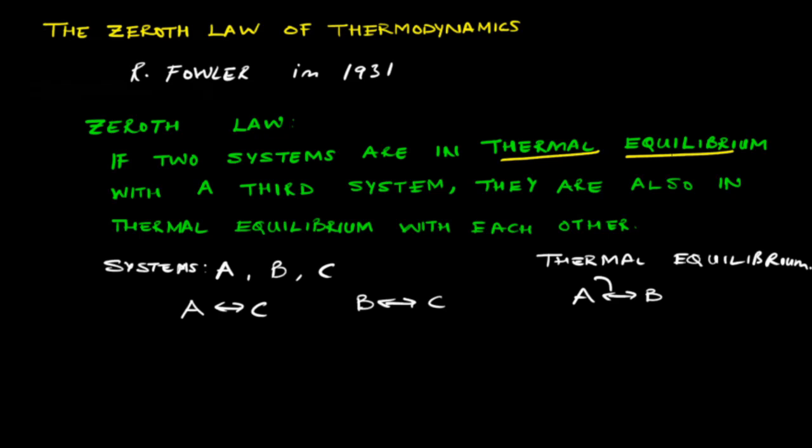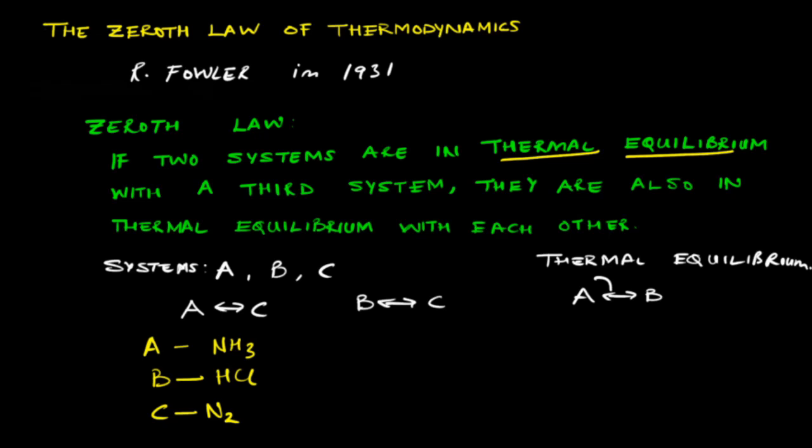For example, if you consider chemical equilibrium, and let's say you have systems A, B, and C. Let's say A is composed of ammonia, B is composed of hydrogen chloride, HCl, and C is composed of nitrogen. Then A and C, and B and C, that is ammonia and nitrogen, and hydrogen chloride and nitrogen, can be brought into equilibrium with each other.